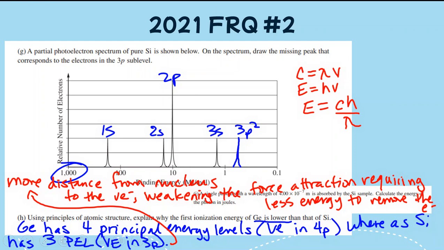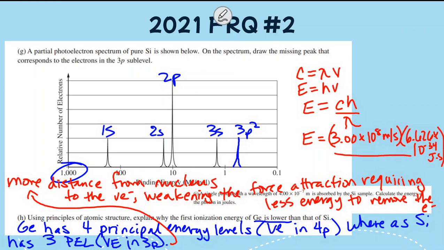So once again, all of this is on the formula sheet, and they already have the wavelength in meters for us, so we don't have to worry about converting, because the speed of light is in meters per second. Then all we have to do is plug in. E equals 3 times 10 to the 8th meters per second for the speed of light, times Planck's constant, 6.626 times 10 to the minus 34 joules times seconds, over the wavelength, which is 4 times 10 to the minus 7 meters.